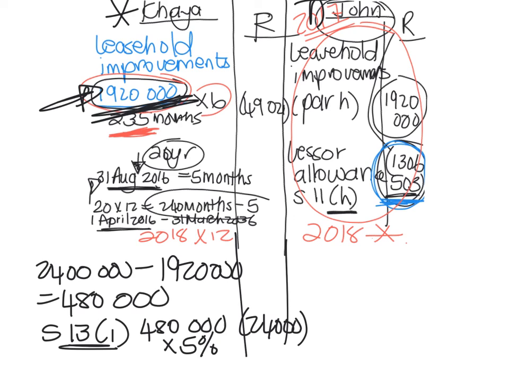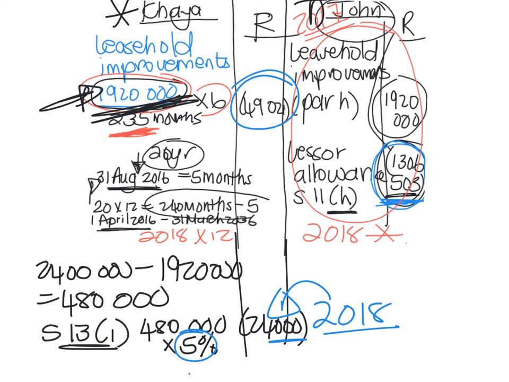Now, of course, in 2018, Kaya will also get that because this 5% tells me that this building, in terms of Kaya, that additional cost that he incurred will be written off over 20 years. So in 2018, Kaya will not only have nearly 100,000 Rand that he deducts in terms of our leasehold improvement deduction, but he will also claim a deduction of 24,000 Rand in terms of Section 13.1.